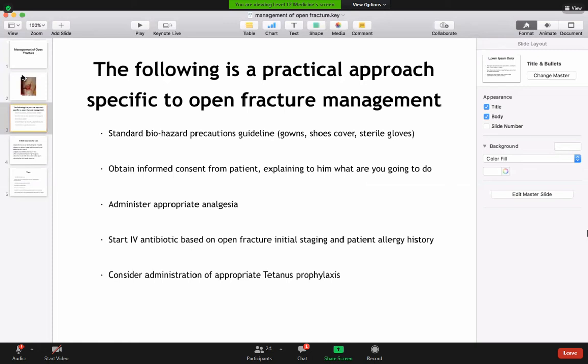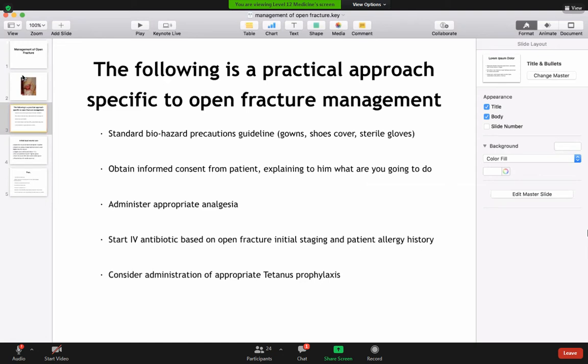Okay. If it's clean, it has a path. If it's other, it has a different path. In this case, the second question you ask yourself: what's his tetanus vaccination status? Up to date, unknown, or incomplete?